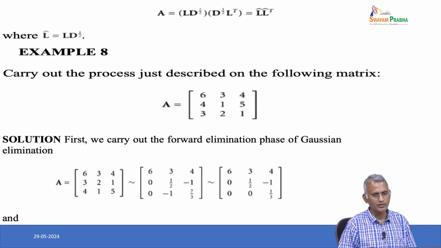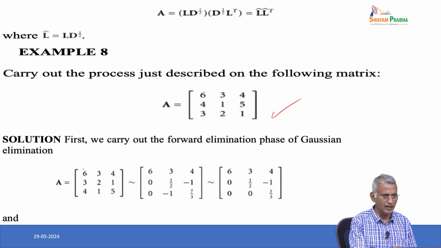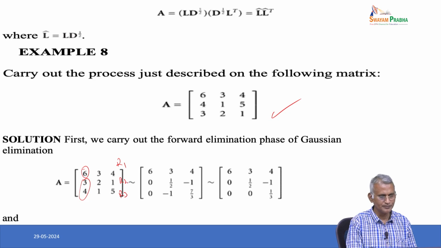Now carry out the process for the following matrix A equal to [6, 3, 4; 4, 5, 3; 2, 1]. First carry out the forward elimination phase of the Gaussian elimination technique, that is, below the leading diagonal entry 6 we have to make zeros. These are R1, R2, R3. So R2 becomes 2 times R2 minus R1, so that it will come 0, minus 1.